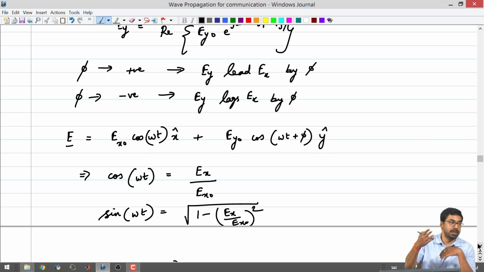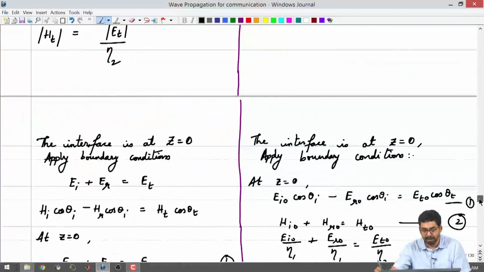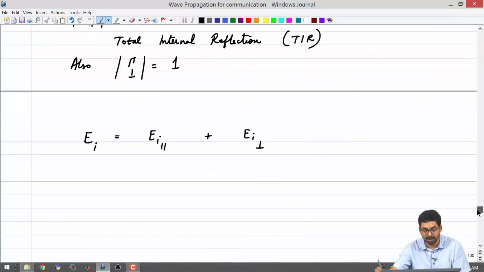We also saw this using an animation later on, alright. So, you will be having Ex going this way, Ey going the other way, but they need not be in phase. However, if they are in phase and if their values are different, then you will end up having a linearly polarized light. So, let us take our current scenario where we have calculated all these reflection coefficients.